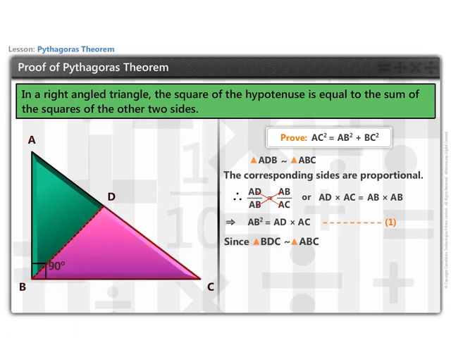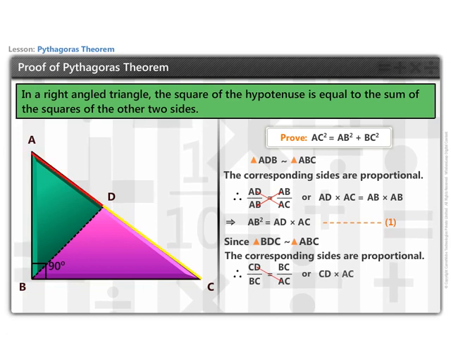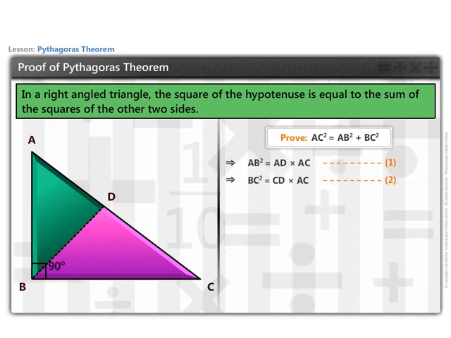Since triangle BDC is similar to triangle ABC, the corresponding sides are proportional. Therefore, CD by BC is equal to BC by AC, or CD into AC is equal to BC into BC. This implies BC square is equal to CD into AC. Consider this as equation 2.